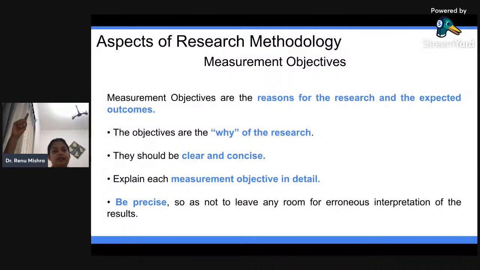Too many objectives will lead you to too much data collection, too much data analysis, too much data interpretation. Eventually your objectives should have a clear linkage between each and every one as well.